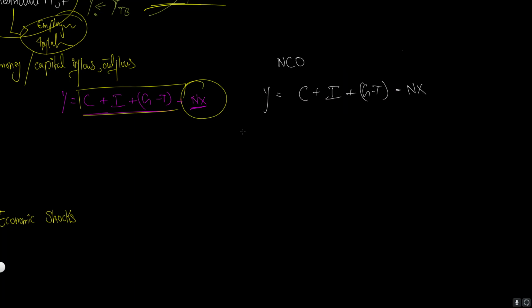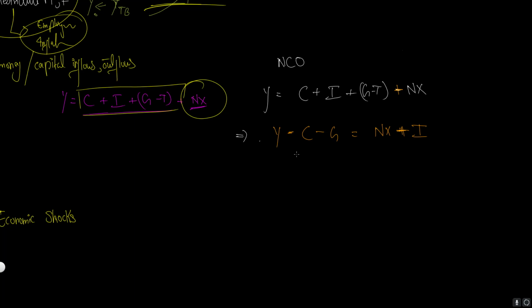If I were to rearrange this equation to make net exports the subject, we would essentially have national income minus consumption minus government spending is equal to net exports plus investment.